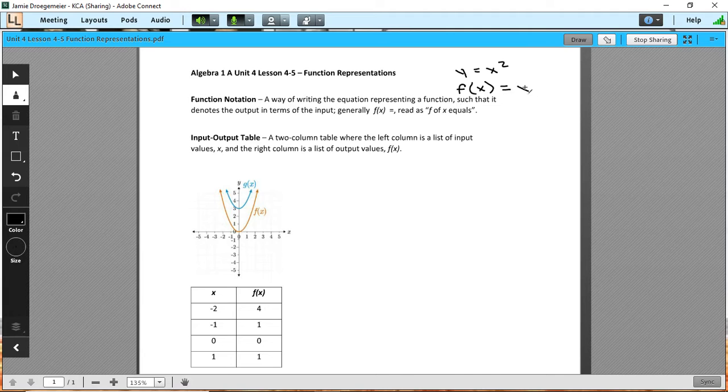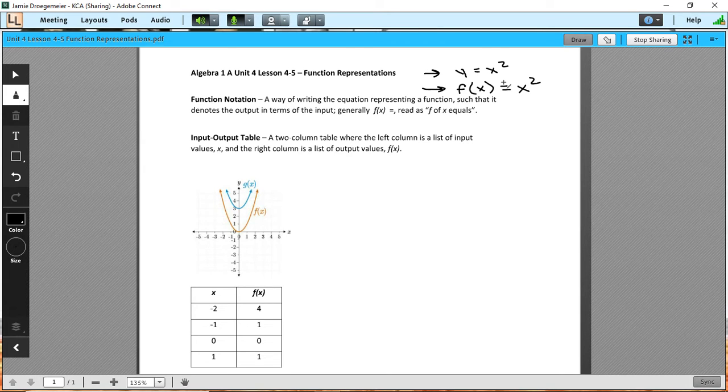So y equals x squared, in function notation, is f of x equals x squared. Basically we're saying the function of x is equal to x squared.